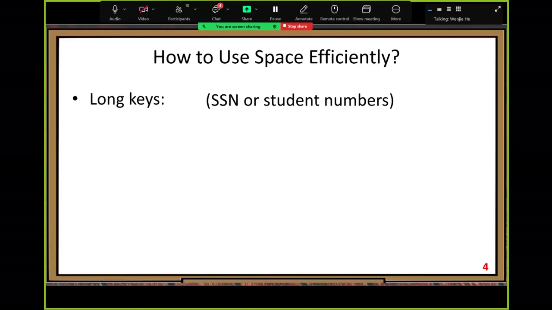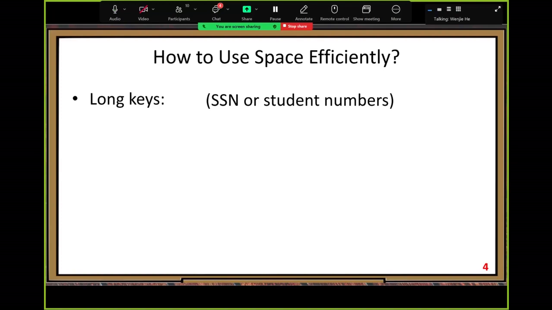In companies, they may have employee IDs, because Social Security number is very sensitive.